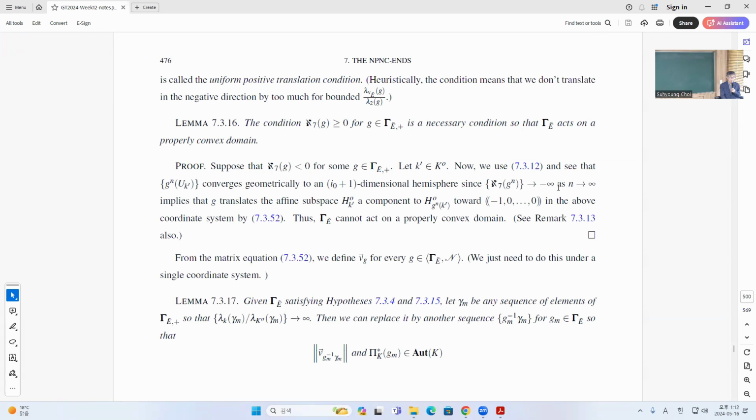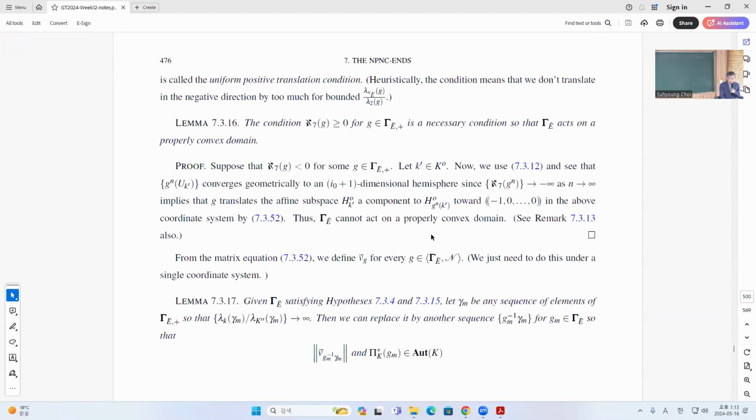Because of this, if this number goes to minus infinity, then this will mean that the translation you will map to this, and then by some corner system, you see that this hemisphere, the ellipsoid, becomes a bigger and bigger hemisphere because it's translated downward. So the ellipsoid looks like a paraboloid in the positive direction. If you keep pushing it down, then you get a hemisphere. Okay.